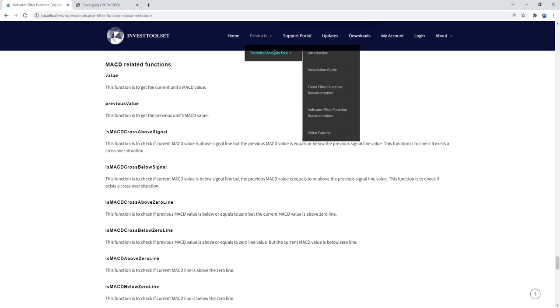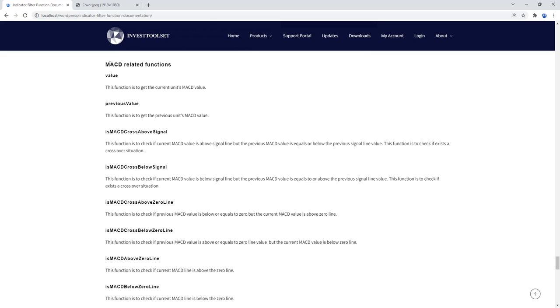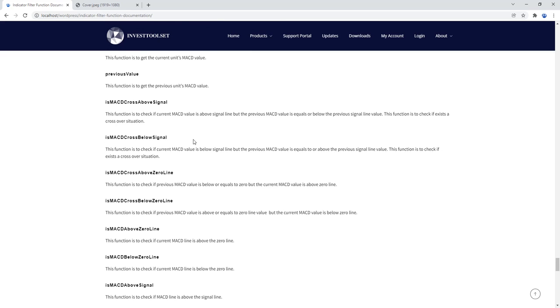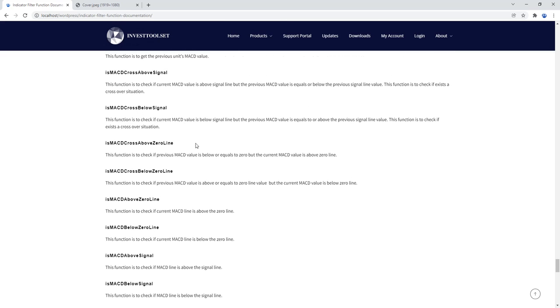It is under the technical analysis 2 documentation here. Come back to this page, look for the section on MACD related functions and read those descriptions, just to refresh your memory if you forget what a function is doing.